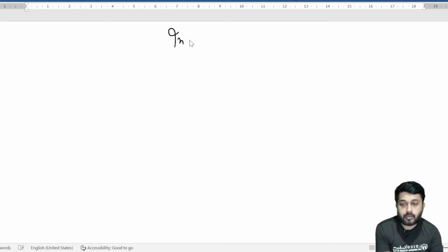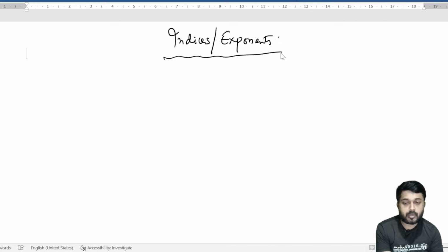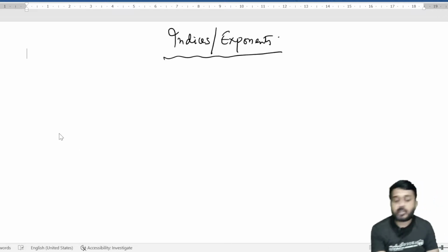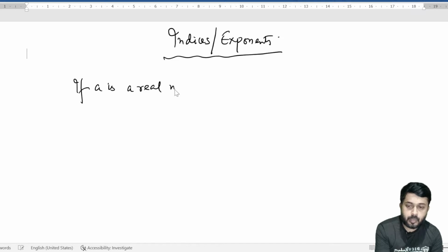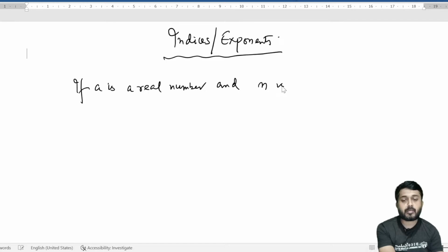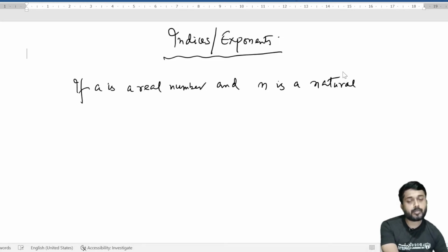The chapter we are going to do today is indices or exponents. Now let me tell you, in the previous classes we got to learn that if a is a real number and n is a natural number, what is a natural number? 1, 2, 3, 4 or things like that.